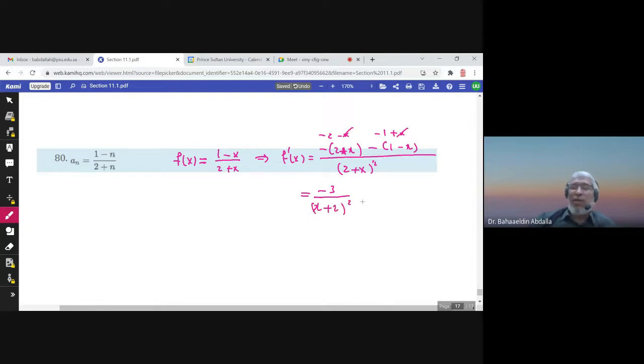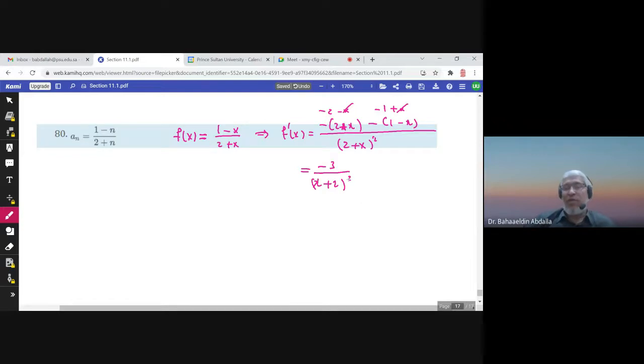2. What do you see? I have a square here, so the denominator is always positive, while the numerator is always negative. So this fraction is always negative. So f prime is always negative. This means that f is always decreasing on its domain.